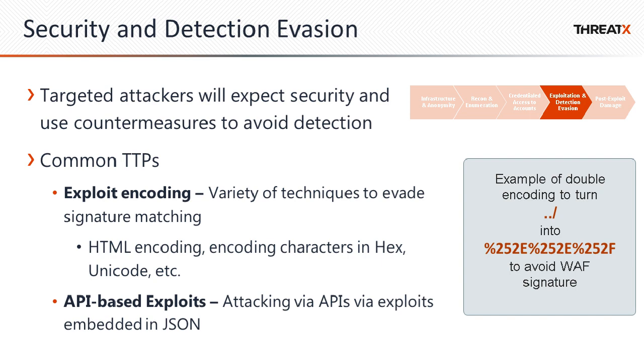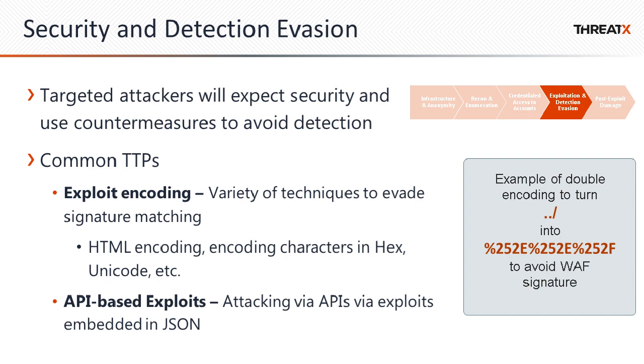If you see that in its naked form, it's easy to see that someone's trying to go back in the directory and look for another file where it shouldn't be. But if you encode it and it looks like %252e, %252e, etc., then if you have a misconfigured WAF, or you're just using a firewall or an IDS that doesn't understand these types of techniques, those attacks are going to get through. So those are definitely behaviors that need to be detected.